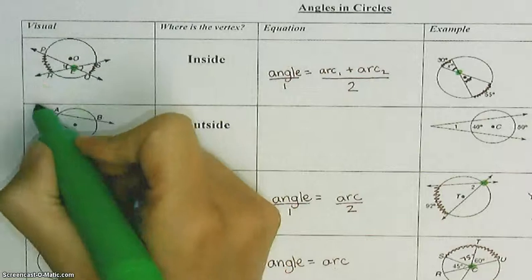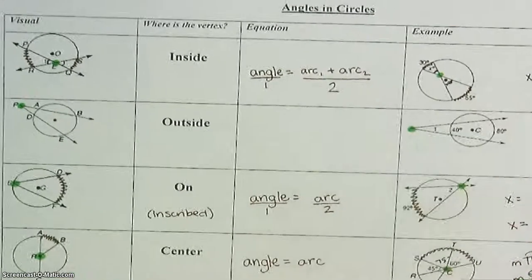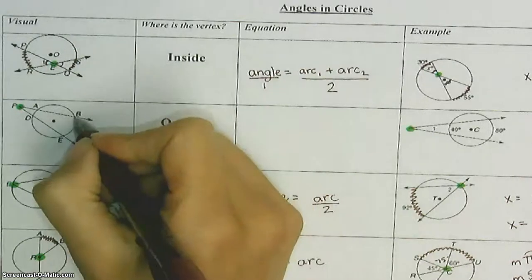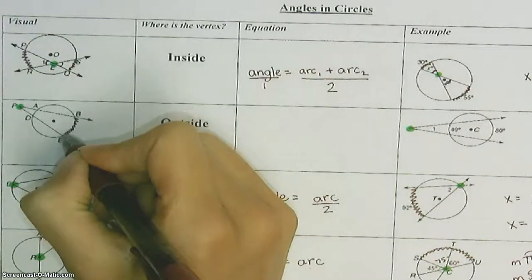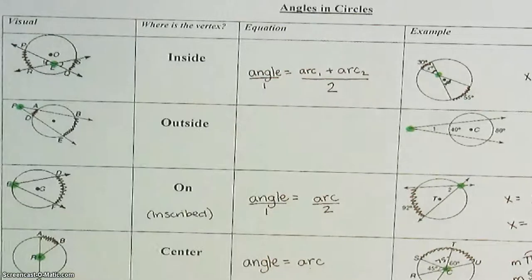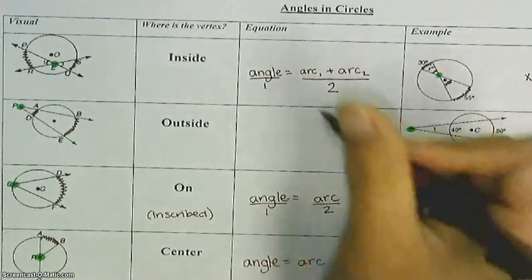Look at this vertex, way outside. So we need to look at the arcs that are in this angle. Well, this arc is in between the angle, and notice this arc is also in between the angle. So which one do we use? Once again, we're going to use both.